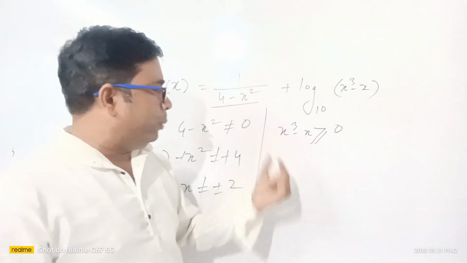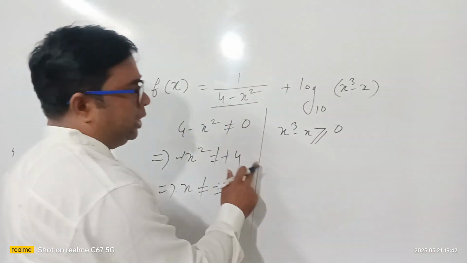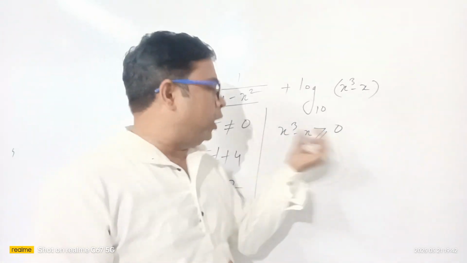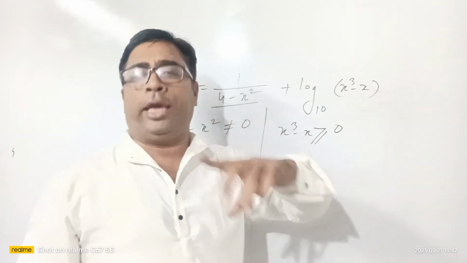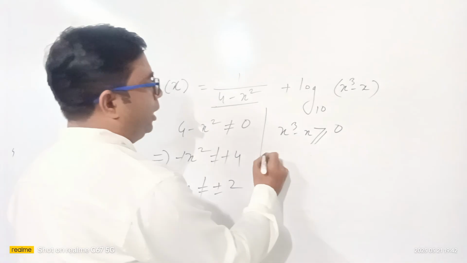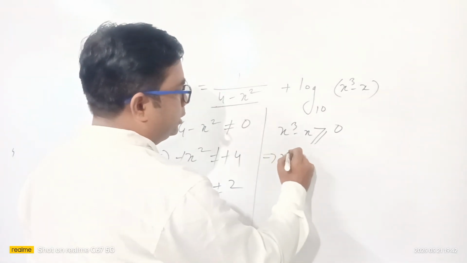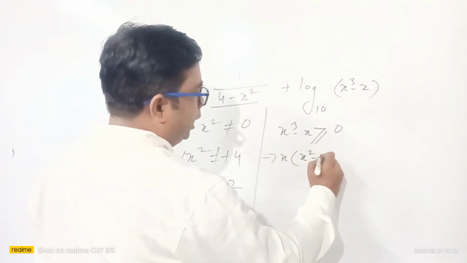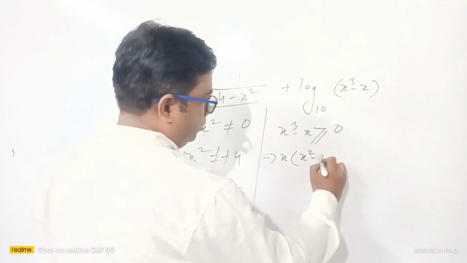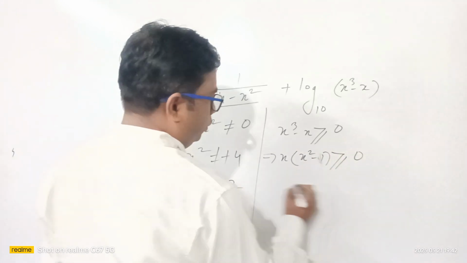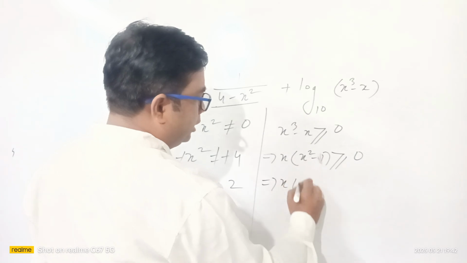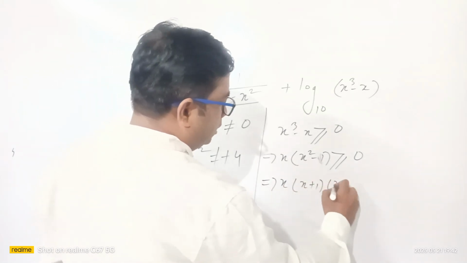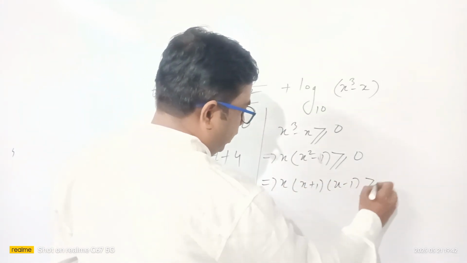So let us make it positive. It is already positive. After that, we have to factorize this part and find the values of x. If we take x common, it is x into x square minus 1, greater than or equal to 0. Then it is x times x plus 1 times x minus 1, greater than or equal to 0.